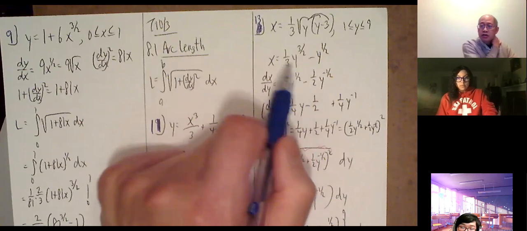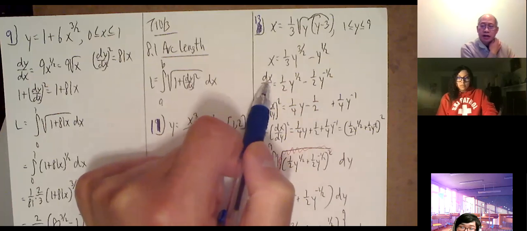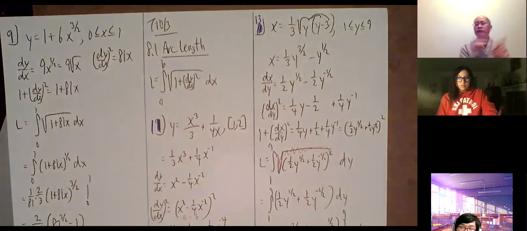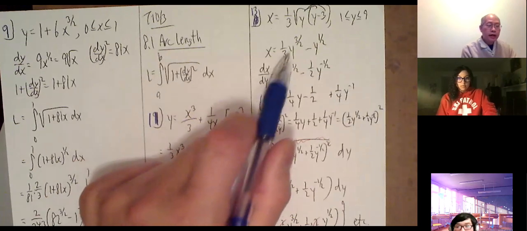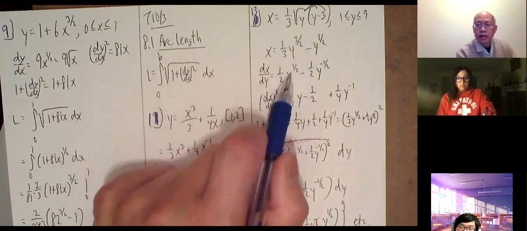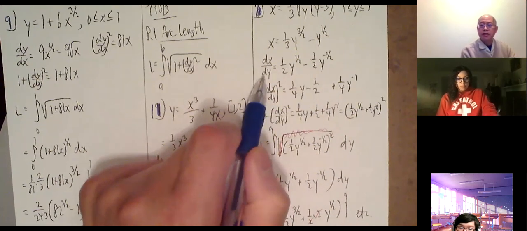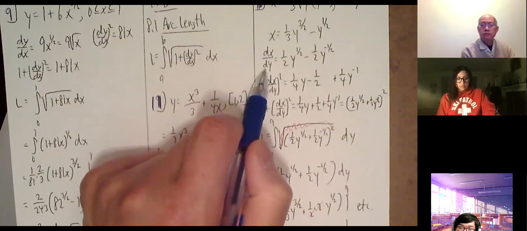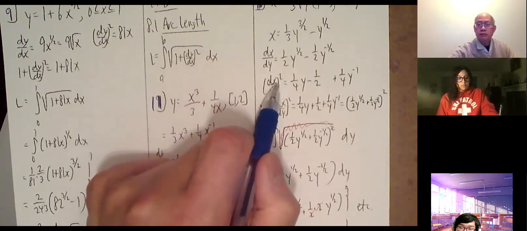Okay, so now I'm going to write dx dy. It even sounds funny to say it, but instead of dy dx, it's just a role reversal for x and y, dx dy. Okay, so that times that is 1/2 y to the 1/2 minus 1/2 y to the negative 1/2. Okay, so here's my dx dy. Then I'm supposed to square it.